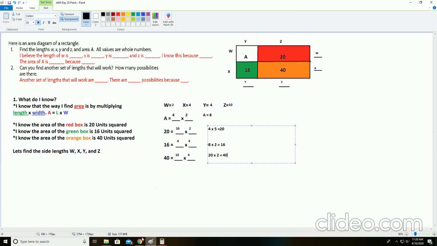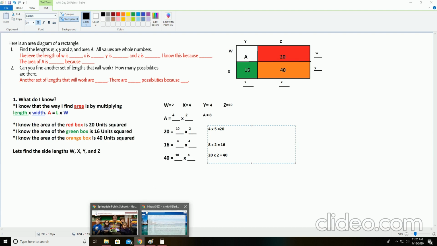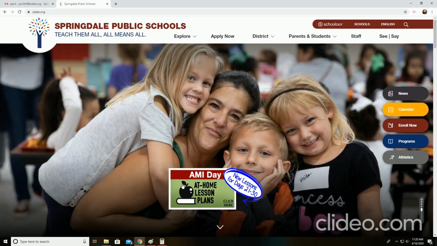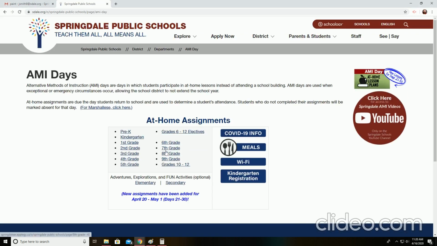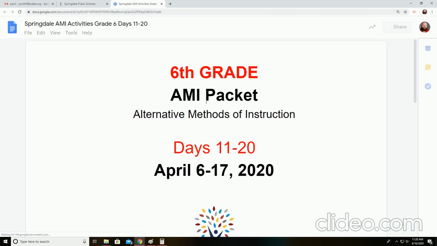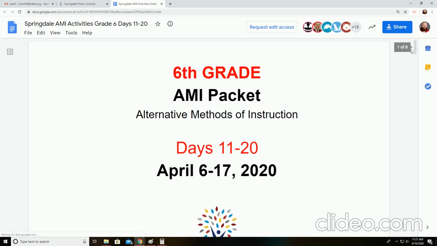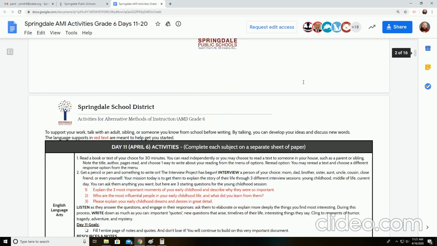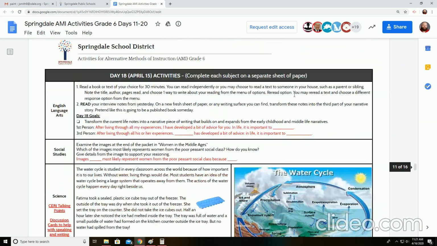On your example, your numbers are a little bit different, but I've gone through here and already looked at these previously.